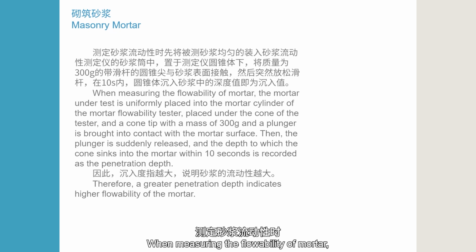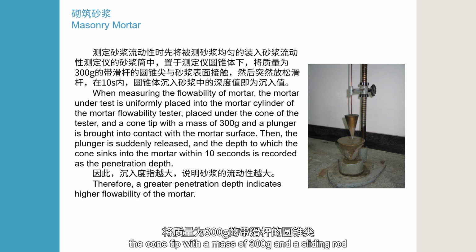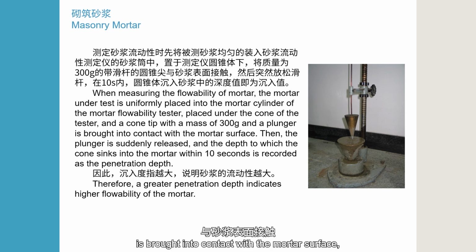When measuring the flowability of mortar, the mortar to be tested is first uniformly placed in the mortar cylinder of a mortar consistency meter. Placed under the cone of the meter, the cone tip with a mass of 300 grams, and a sliding rod is brought into contact with the mortar surface.